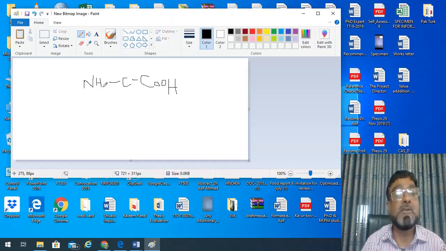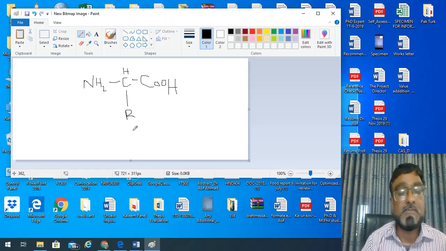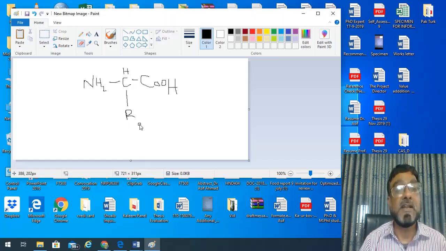This is the general structure for each amino acid, and on this end there is the R, the alkyl group. So the simplest amino acid is glycine.